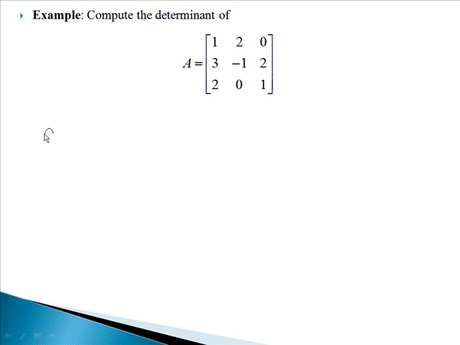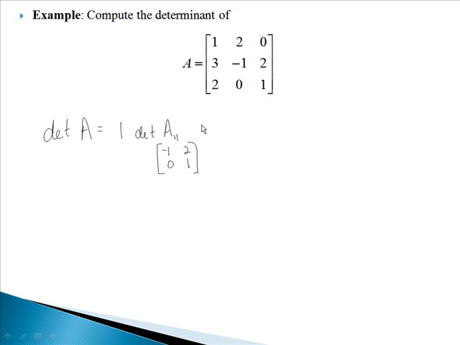So we're going to find the determinant of A, and we're going to take our very first entry, so that would be 1, so that's a sub 1, 1, and we're going to multiply it by the determinant of A 1, 1, which is going to be the matrix that we get when we basically delete that first row and first column. And so we're taking the determinant of negative 1, 2, 0, 1.